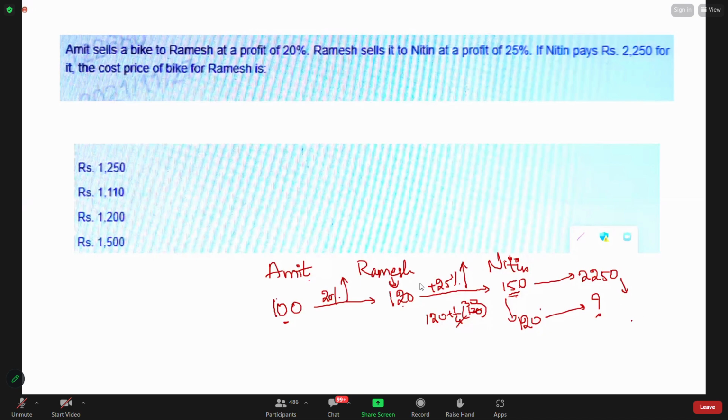How much? 120 into 2250 by 150. 1800. We can just increase the percentage which Amit bought. Yes, that is, you can increase 1500 by 20%. There also you'll get 1800 only.